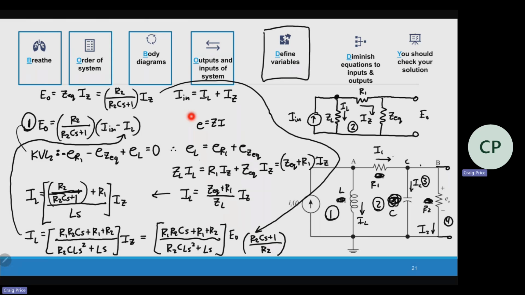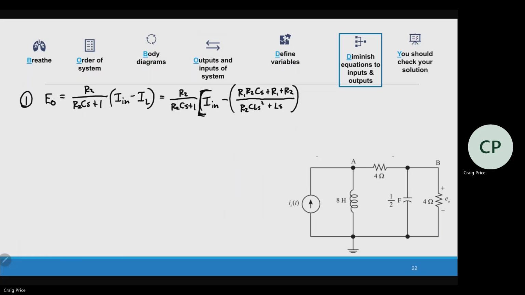And so I can put that here, E out, R2 CS plus 1 over R2. That's pretty complicated. It is. But we can do some algebra and do some cancellation.